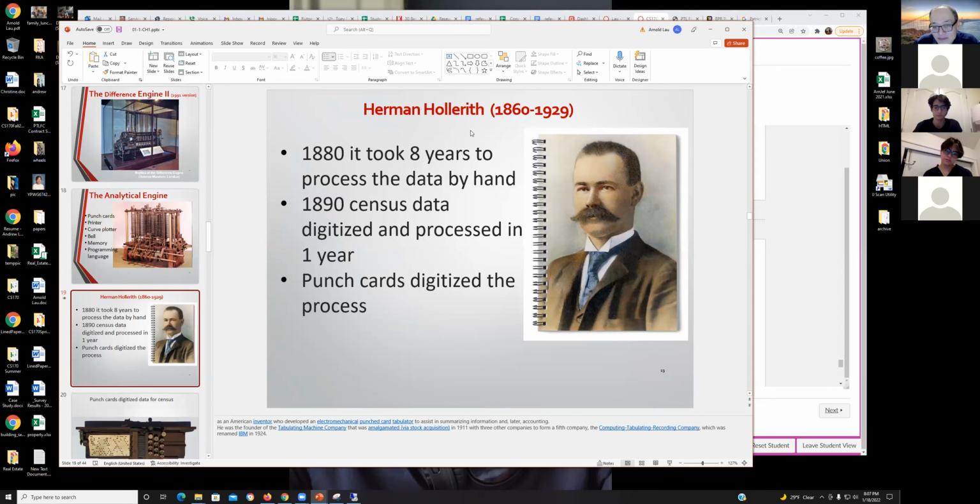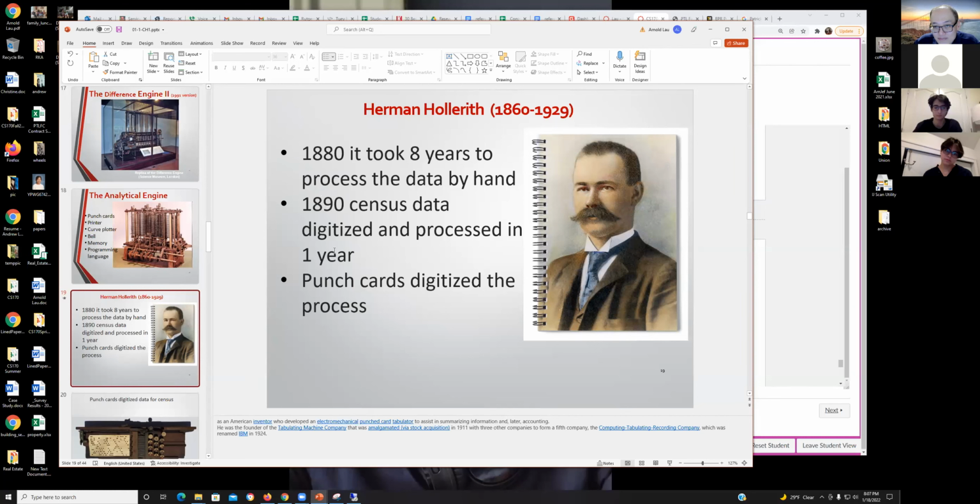So his big claim to fame is this whole idea of punch cards to digitize the processing of something that was very laborious, which is taking the census, right? Since the beginning of the United States, there's been this idea of taking the census. Up until the 1890 census, you collected all this information by hand.